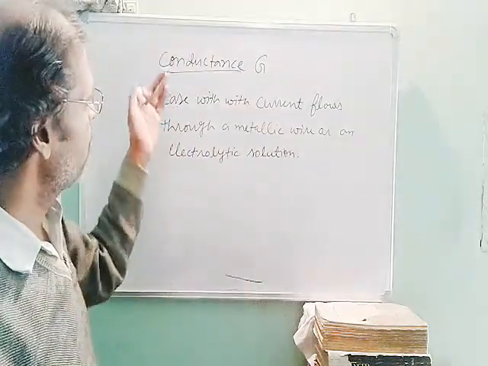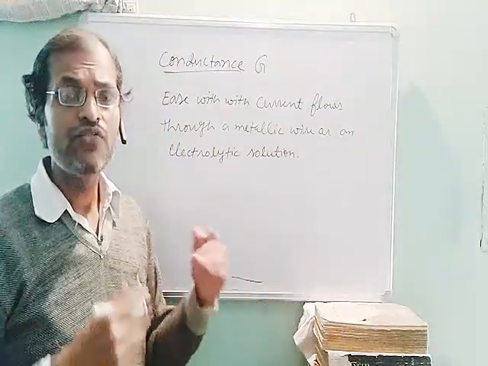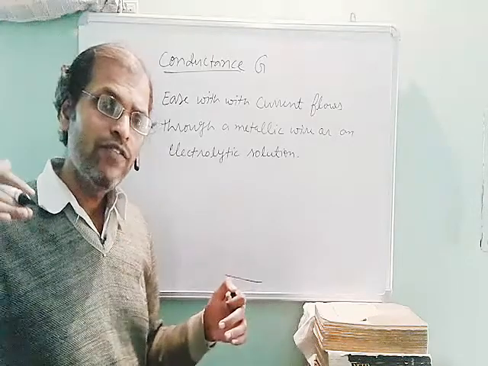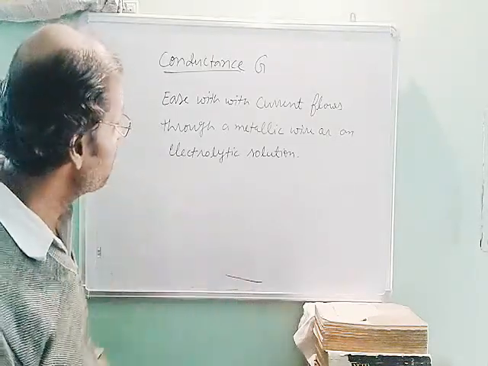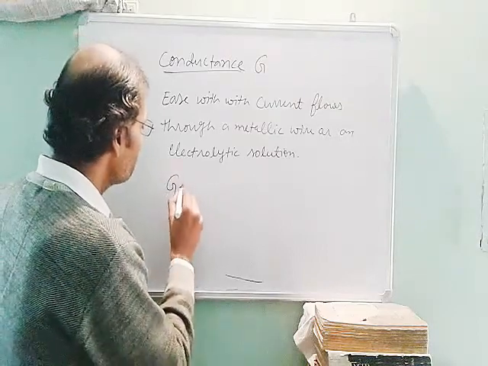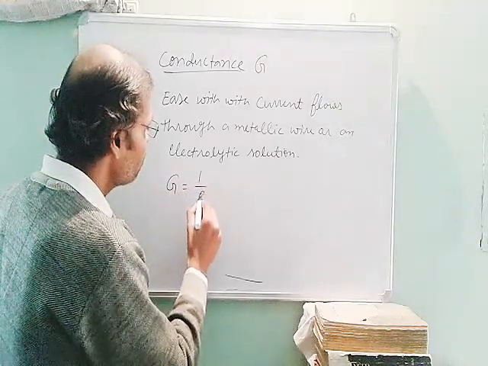This is the definition of conductance, the ease with which the current flows through a metallic conductor or an electrolytic solution. So it means that it is the reciprocal of resistance.